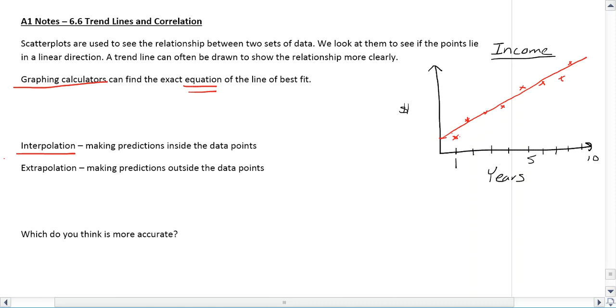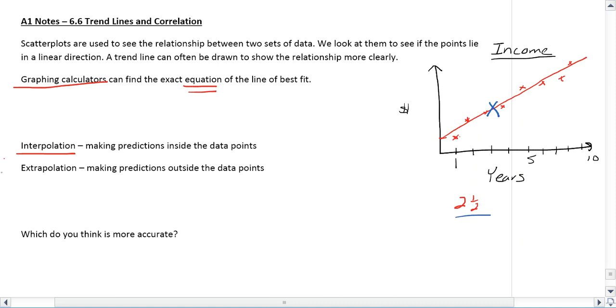So if you're asked to do interpolation, you might be asked to use the graph and find what the income would have been at, let's say, 2.5 years. The 2.5 year point would be right here, right where that blue X is. And that blue X is inside all of these red X's. It's within the data points. And that can be clearly seen on the graph. We could find the equation and calculate it at 2.5 years.